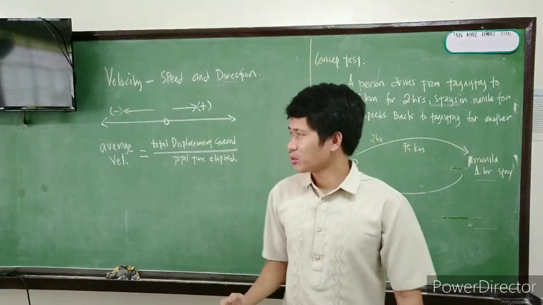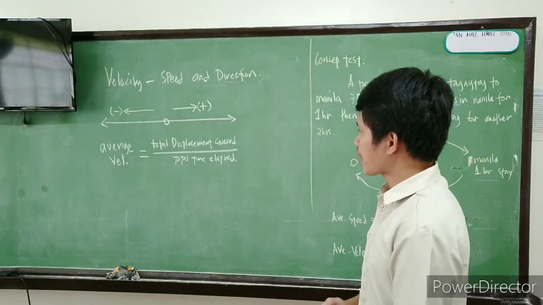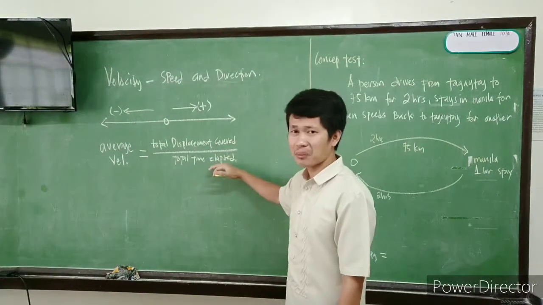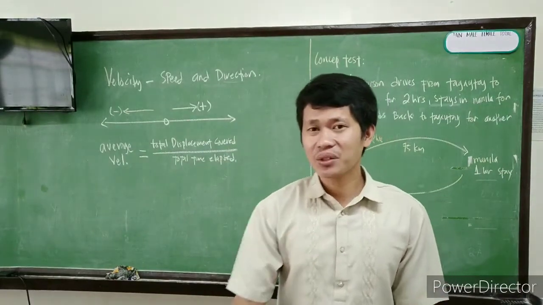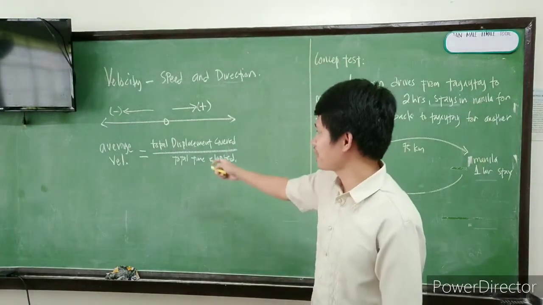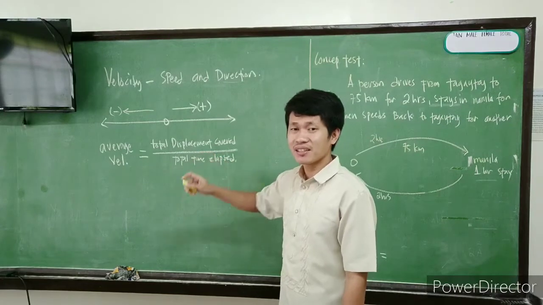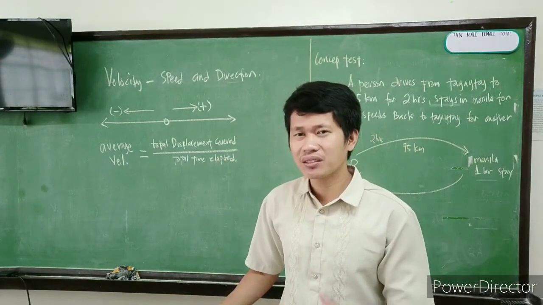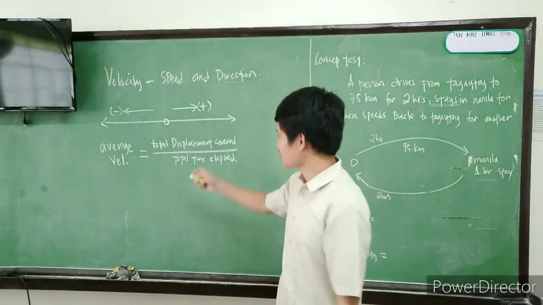So average velocity is the total displacement covered over total time elapsed. Sana naalala niyo yung discussion natin last time about displacement. Sabi ko sa inyo, paano nagkaroon ng direction yung velocity? It's actually because of this displacement.